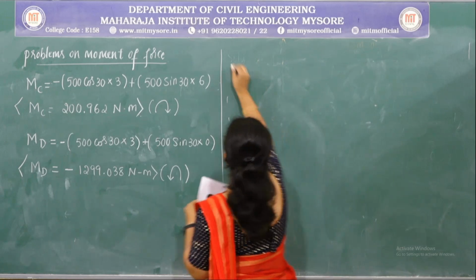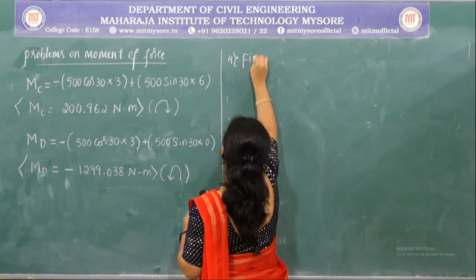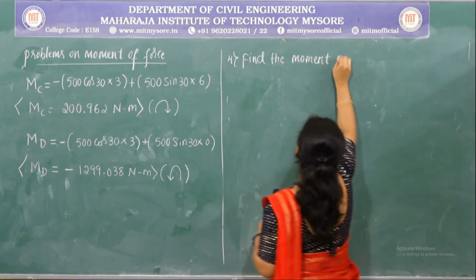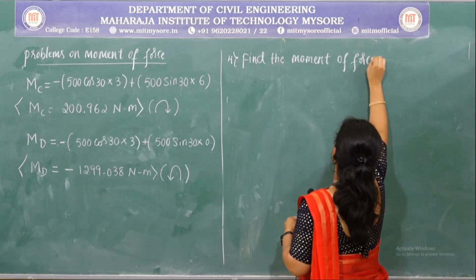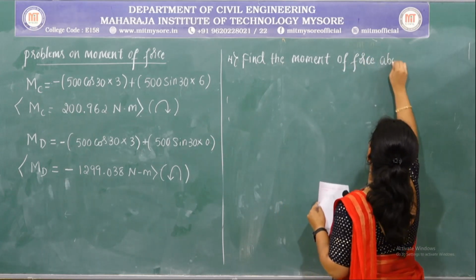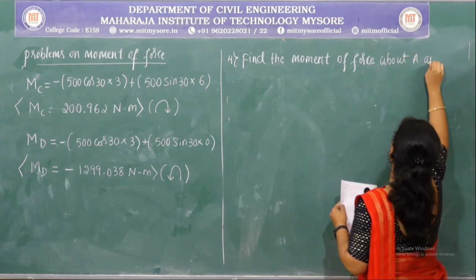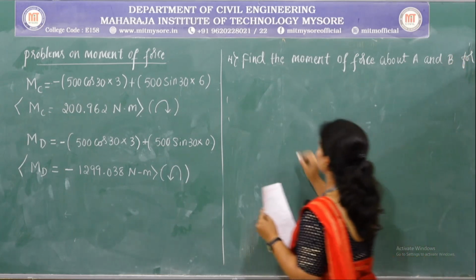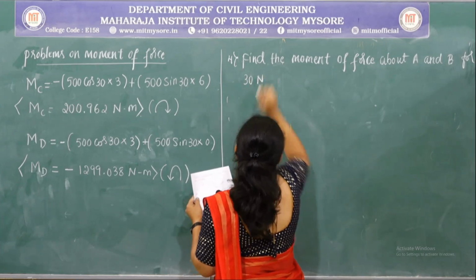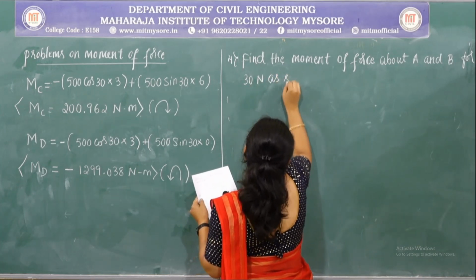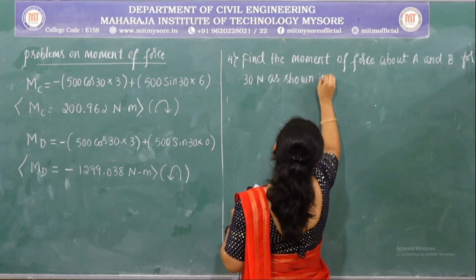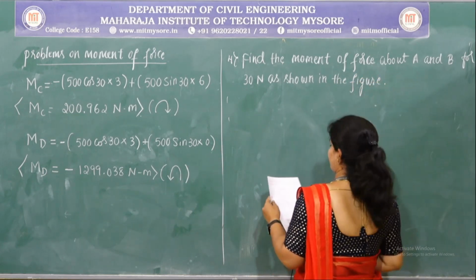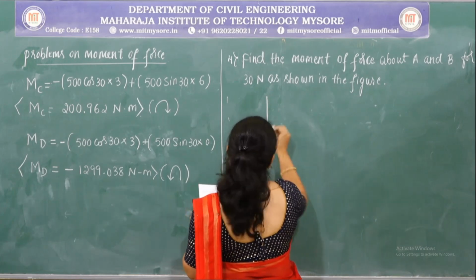And the problem states: find the moment of force about the points A and B for 30 kilonewton as shown in the figure. So the given figure is like this.